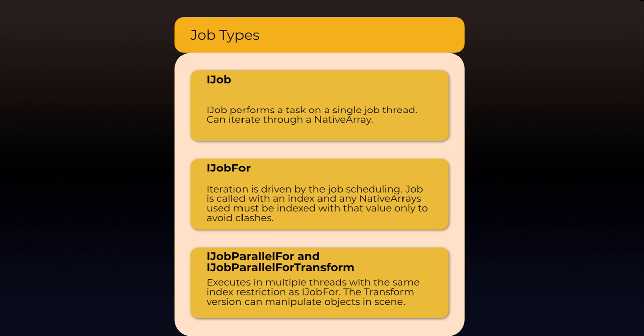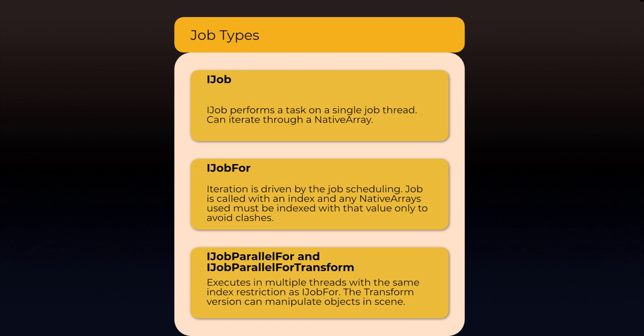If you do an IJobFor, it depends on how you schedule it, but it could work on one thread with Schedule, or multiple threads with ScheduleParallel. And the IJobParallelFor only has one type of schedule method, and that is Schedule, but it will be parallel. So that is multiple worker threads will be dispatched. So that's the high level of your job types.